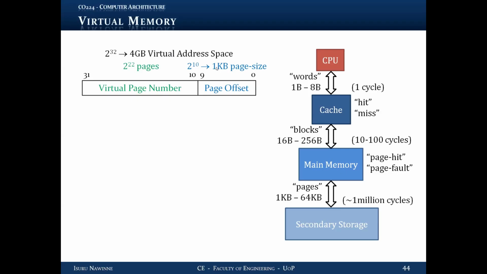That is, the size of a page is 1 kilobyte. There are 2 to the power 10 different bytes inside a given page, and these least significant 10 bits can be used to address those individual bytes. Then the virtual page number has 22 bits.